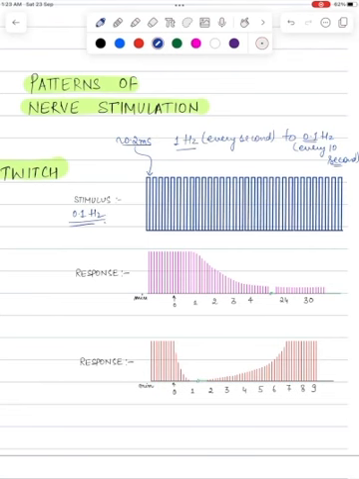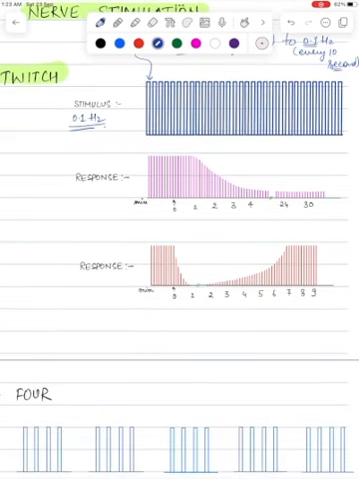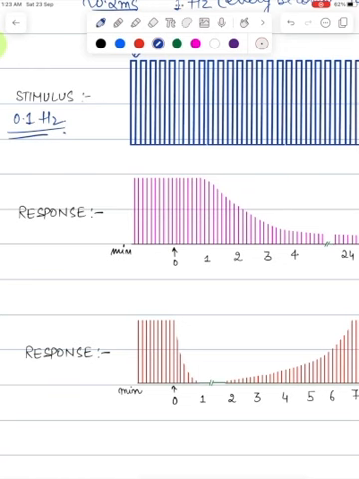If you take a look at the subsequent panels shown below, these are the evoked responses at the muscle. Due to each single twitch, there is a corresponding response in the muscle. Now this arrow corresponds to the administration of the muscle relaxant.